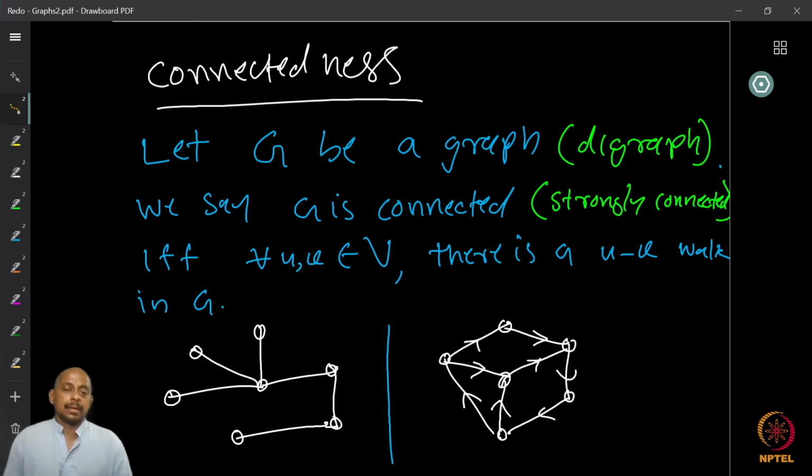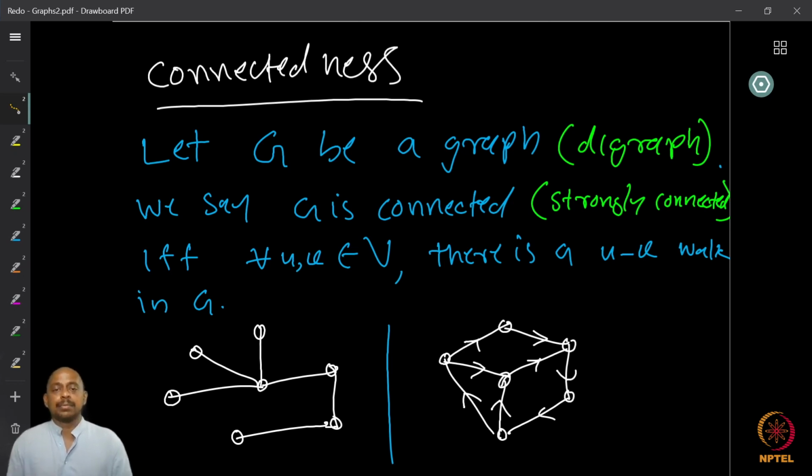The next notion I want to look at is that of connectedness. Given a graph G, we say the graph G is connected if and only if for every pair of vertices there is a u-v walk in the graph G. If there is a u-v walk for every pair of vertices, then the graph is said to be connected.